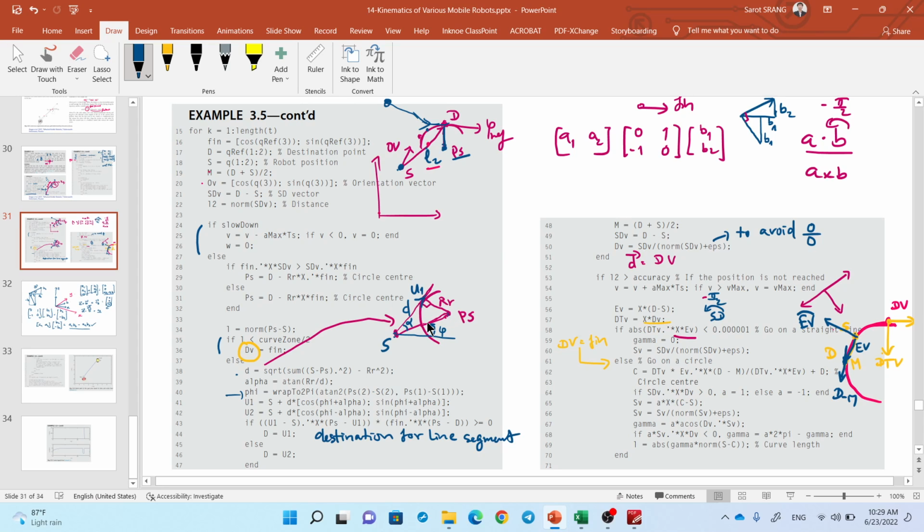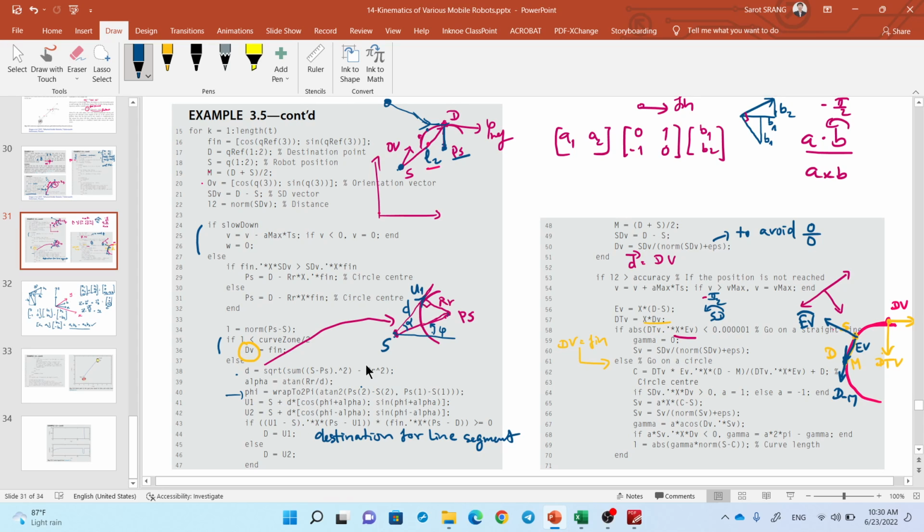This is phi. Then we can define the vector itself from S to the tangent point by adding the vector from 0 to S, and then from S to this point, we have magnitude d, and cosine of the angle with respect to the x-axis, and sine of the angle with respect to the y-axis.